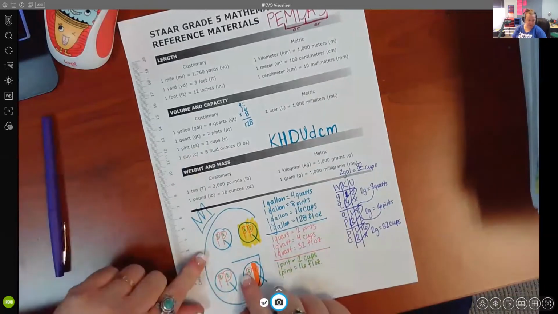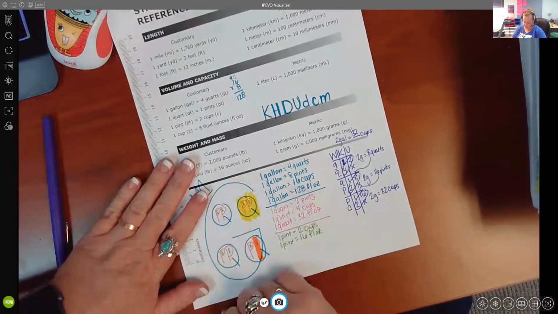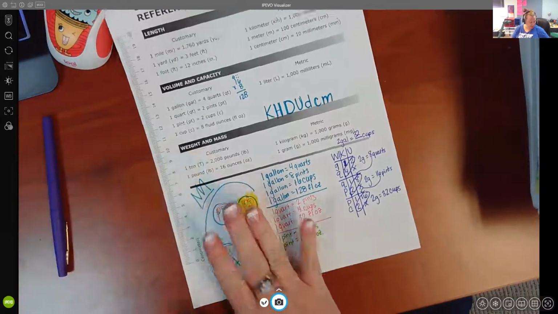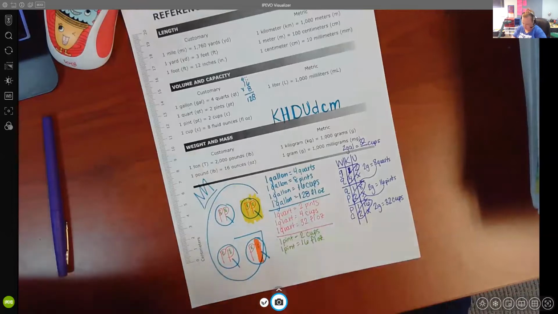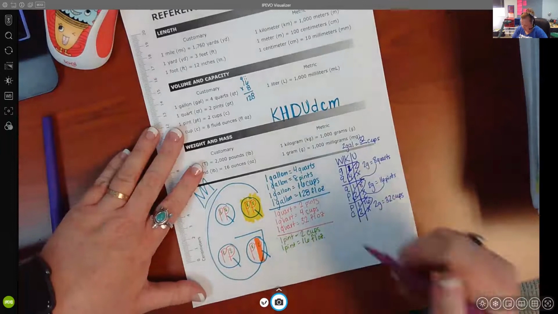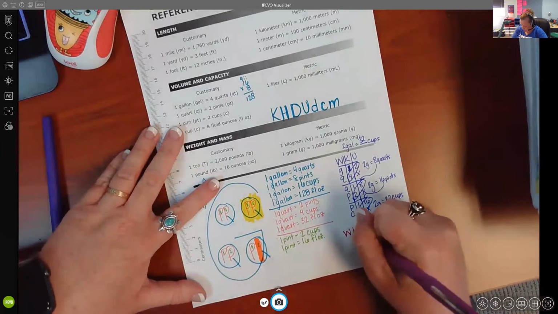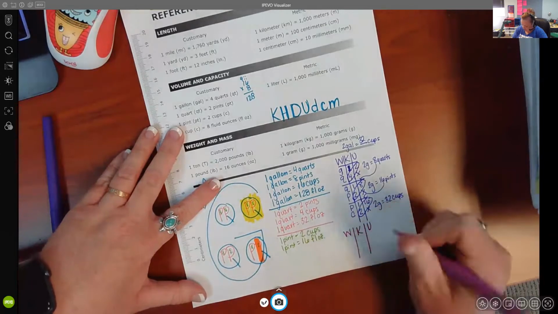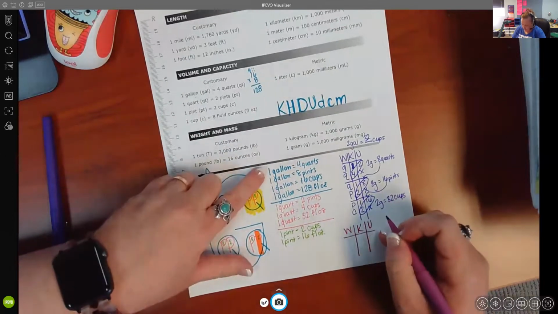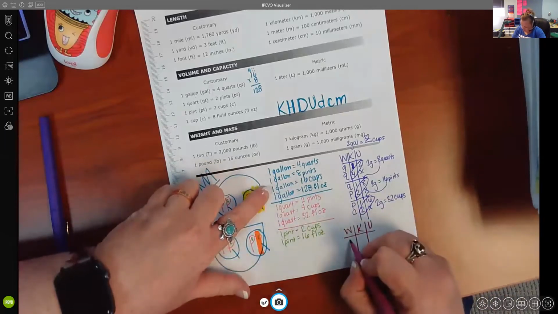But if you make sure that you have your King Henry gallon, you can save yourself some steps. Let me grab another color. We're still going to do the 2 gallons to 32 cups to show using the WKU. Okay, so we're going from gallons to cups. So here's my gallons to cups right here.